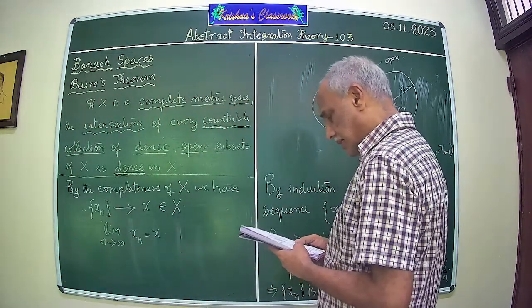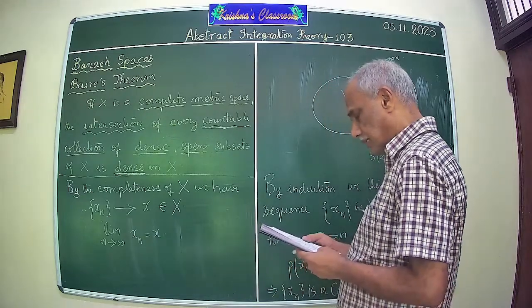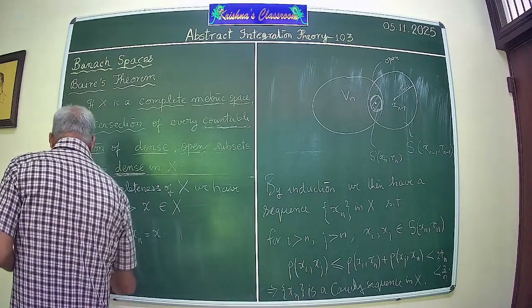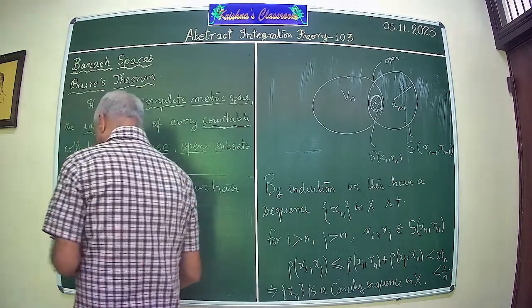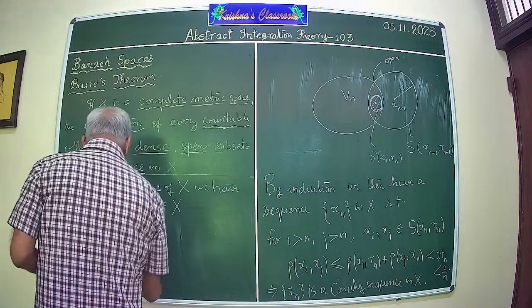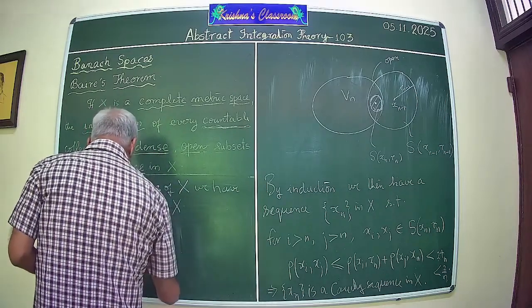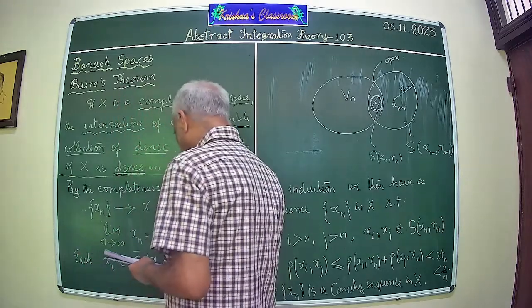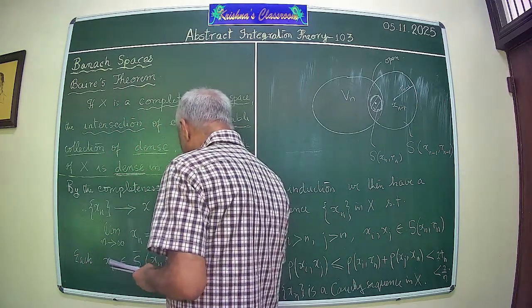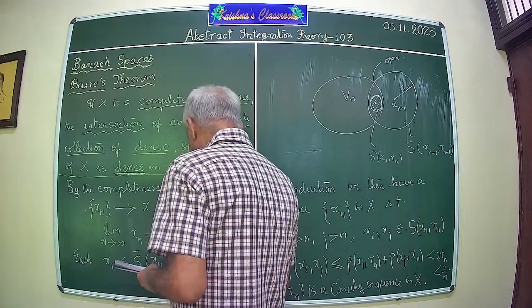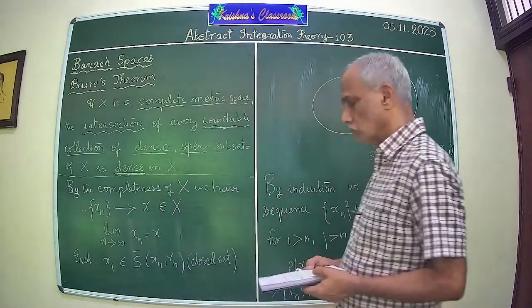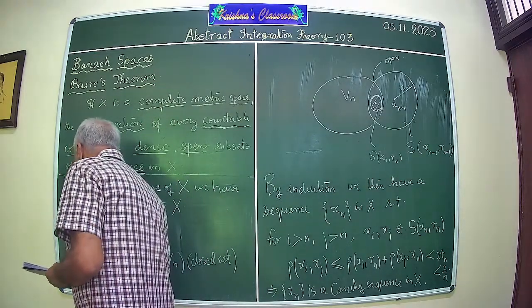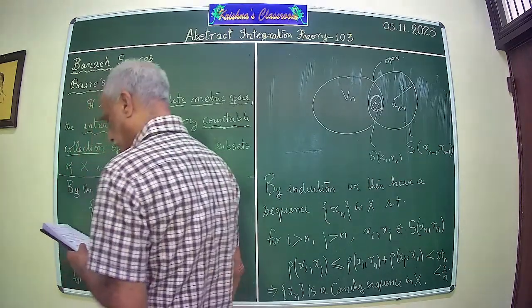Now what more can you say? You can say that each xi belongs to Rn, being a closed set, for i greater than n.